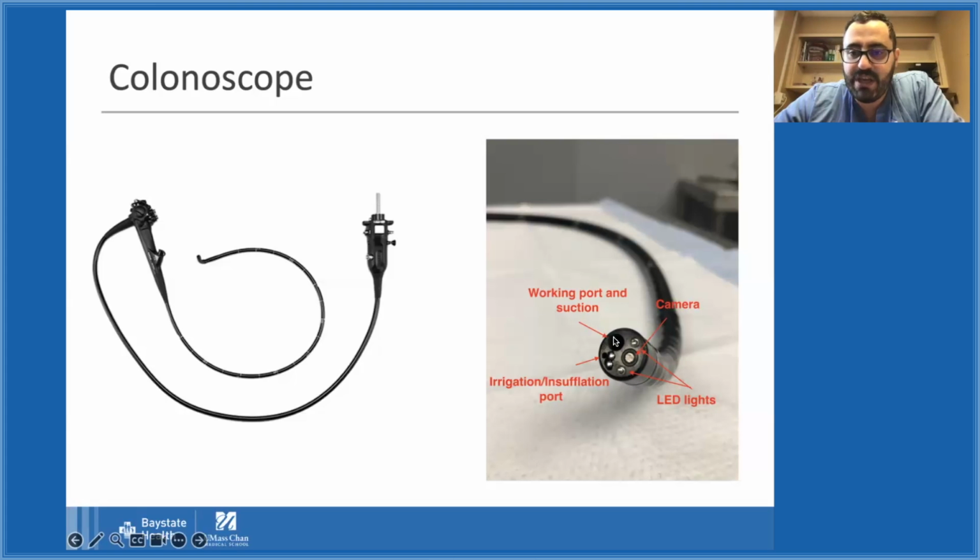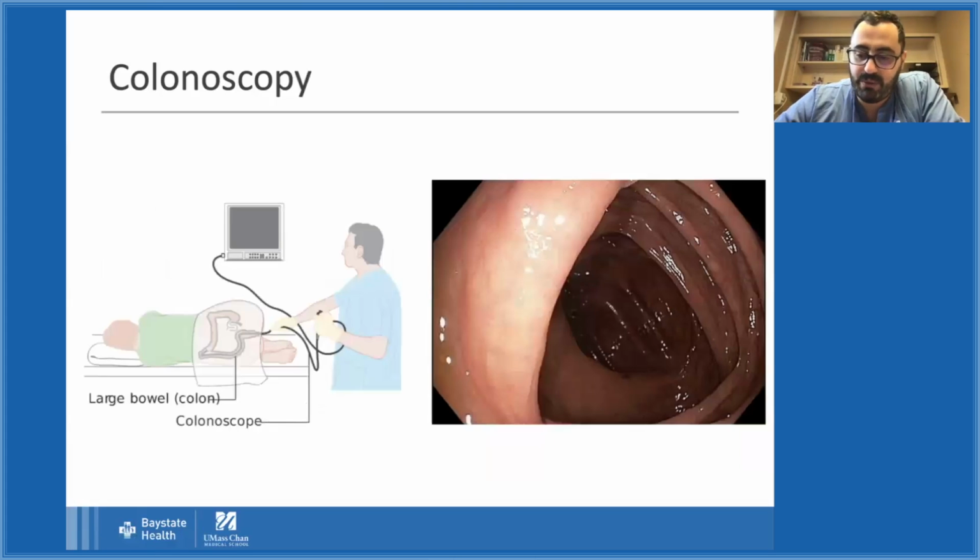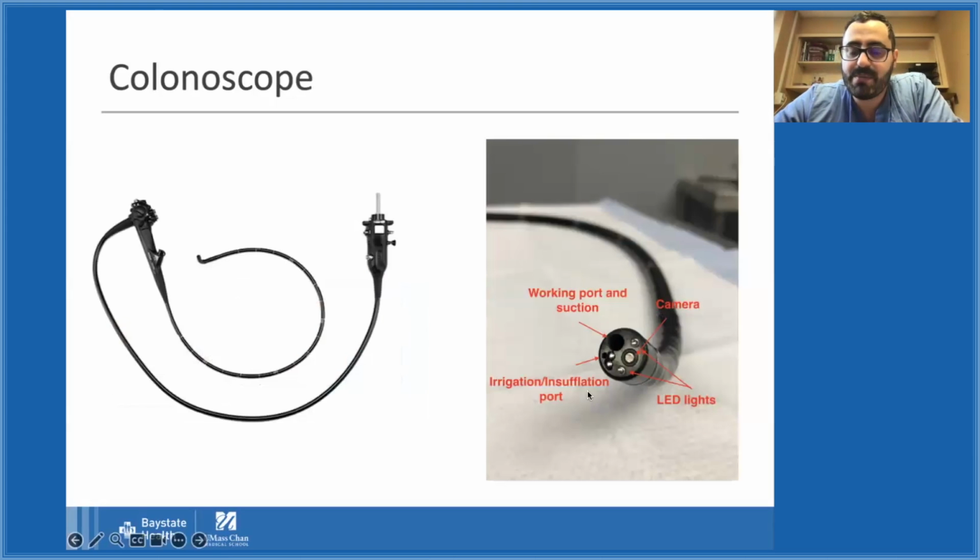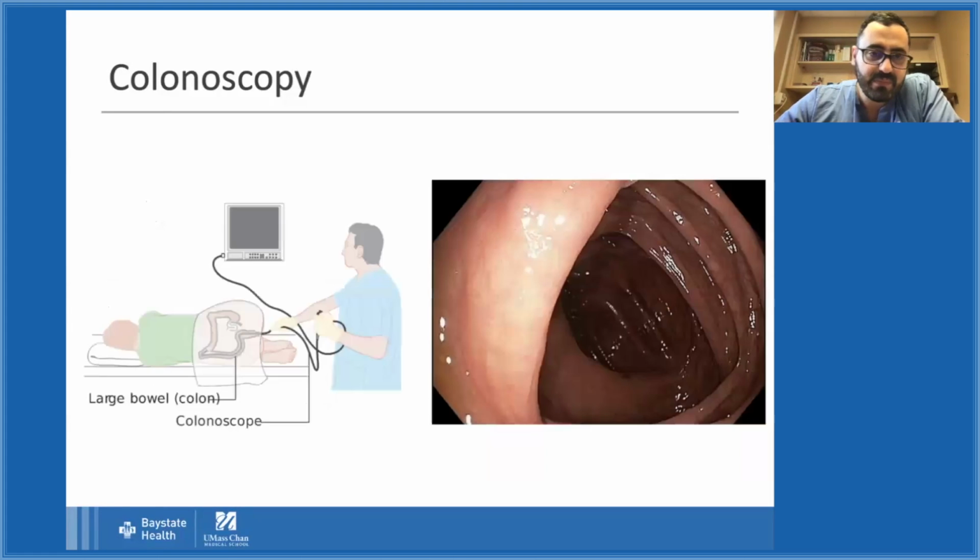Then you have a channel that allows us to do things in the colon. We can insert instruments through it, and we can suction polyps through it. And then you have another channel where we can inject fluids or water to clean the colon.